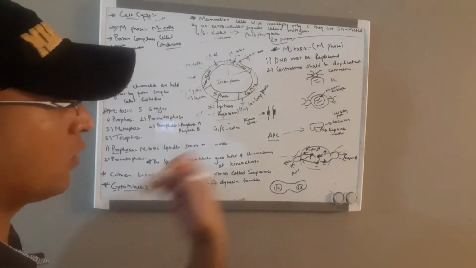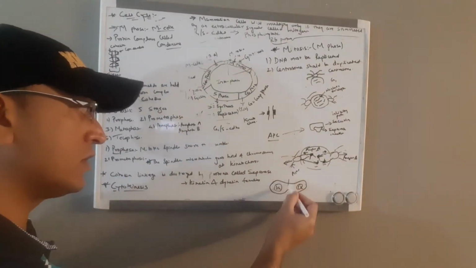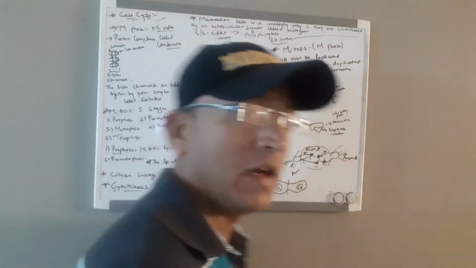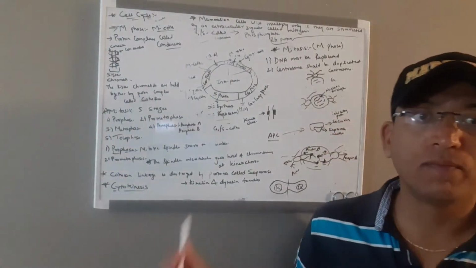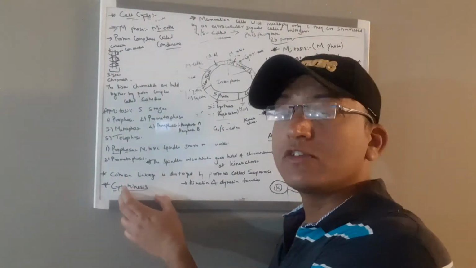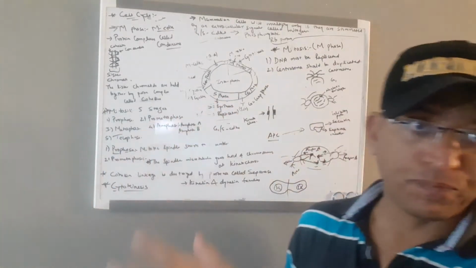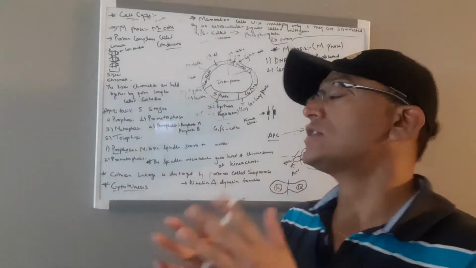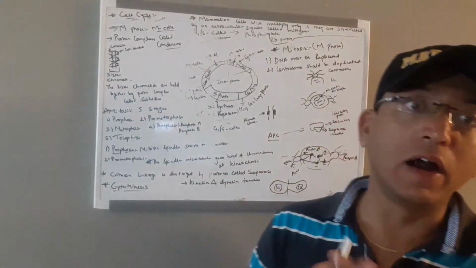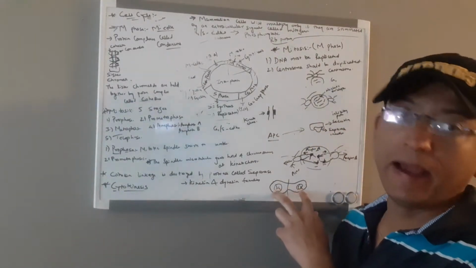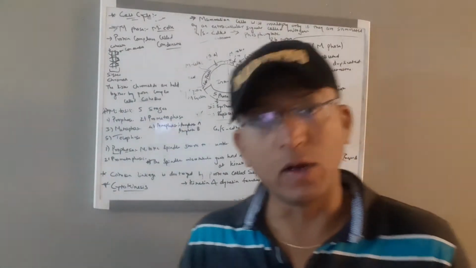The cytokinesis process just has to break the cell into two. It usually begins in the anaphase, but it is not completed until the two daughter nuclei have formed in telophase.